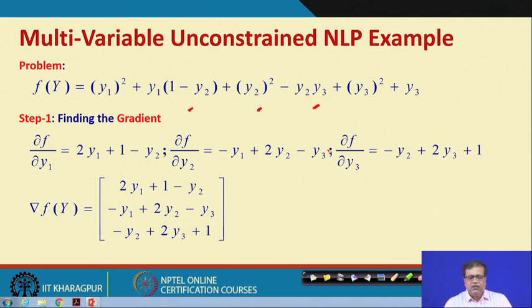And for del y3, again we see only the last three terms will be useful. So, this term and this term will be useful. It becomes -y2 + 2 y3 + 1.